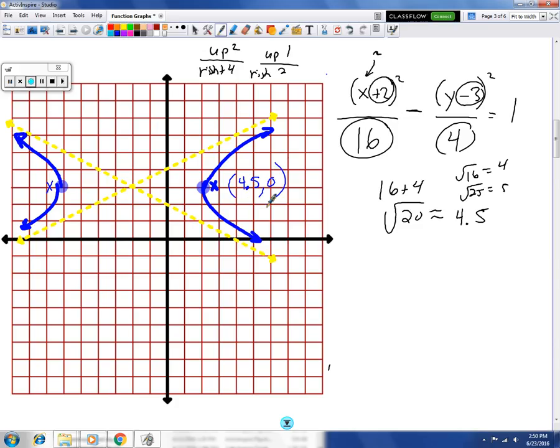I don't have a calculator, so that'd be about 4.5, 1, and this other one would be about negative 4.5. And this asymptote was y equal 1/2 x plus 4, and this asymptote is negative 1/2 x, and this y-intercept this time is a plus 2. And that's it. I mean, we don't do a lot of hyperbolas, but it's good to practice them every now and then.